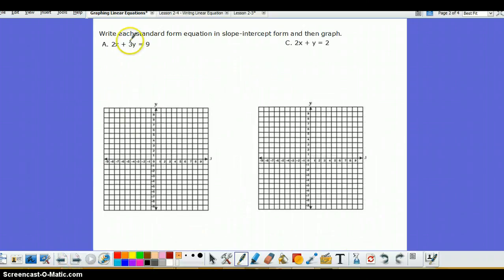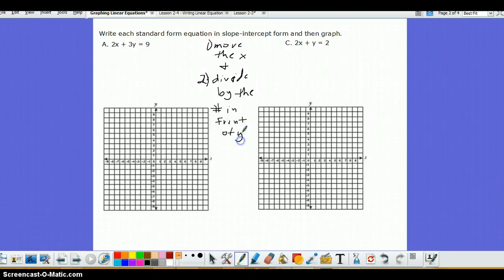Alright, so write each standard form equation in slope-intercept form, then solve. So for this, we move the x and divide by the number in front of y.